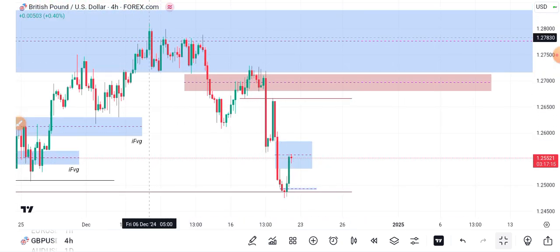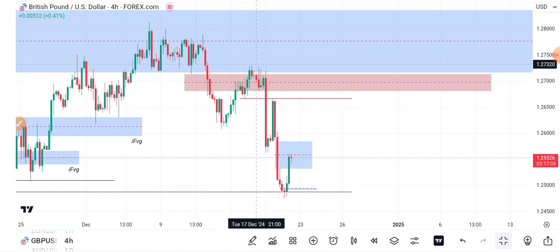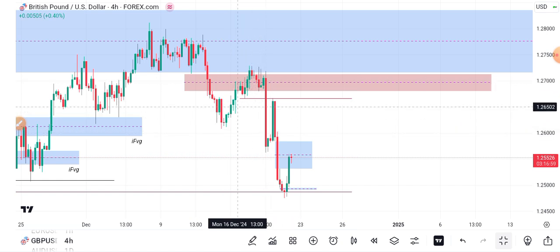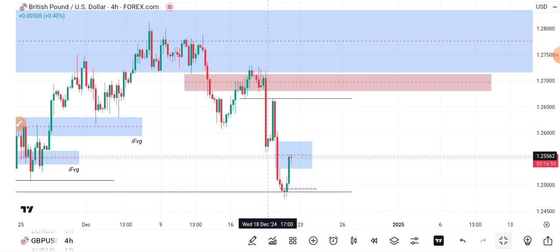Price came to this higher time frame fair value gap, broke market structure, retraced into this place, broke this structure here, retraced into this other block and fair value gap, broke lower, broke out this low, and then afterwards, it entered into this old low.